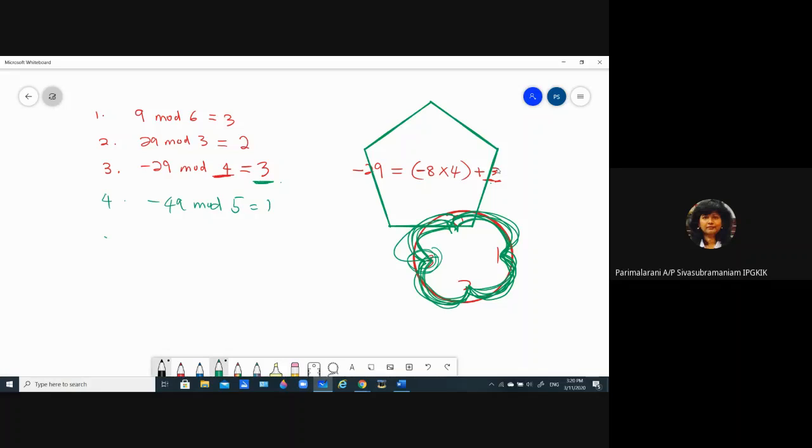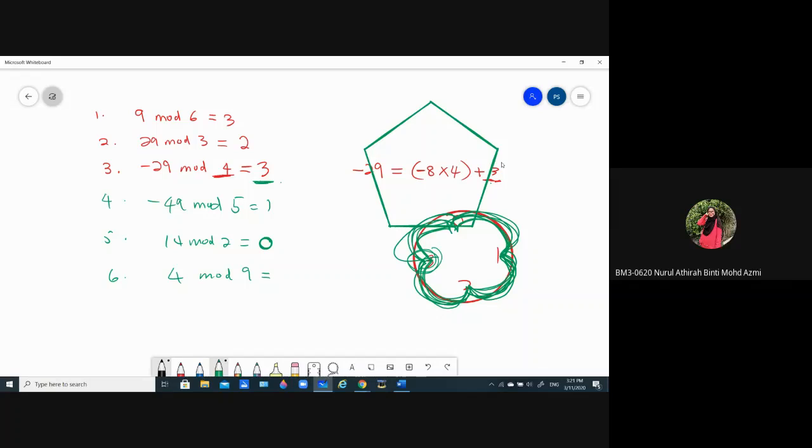1, yes. 14 mod 2. 0. 0, yes. 4 mod 9. 1. What does this mean?